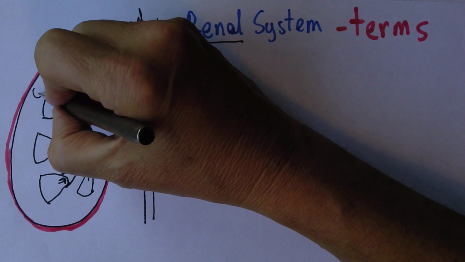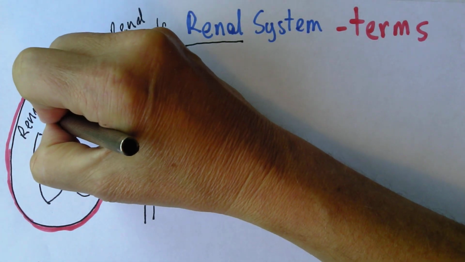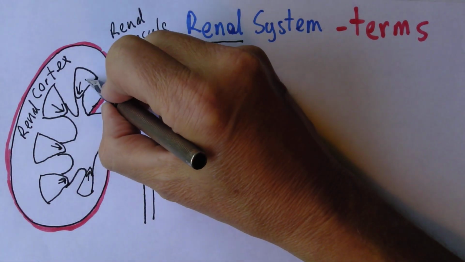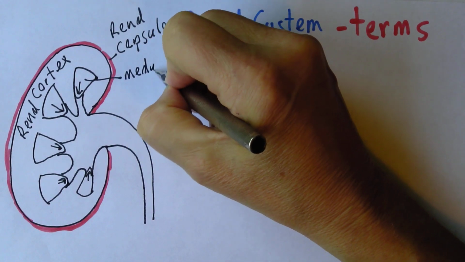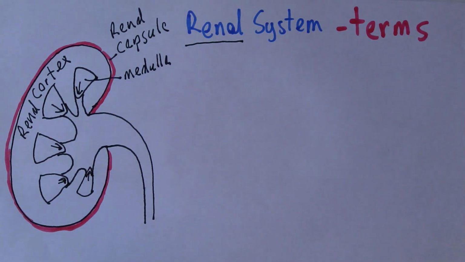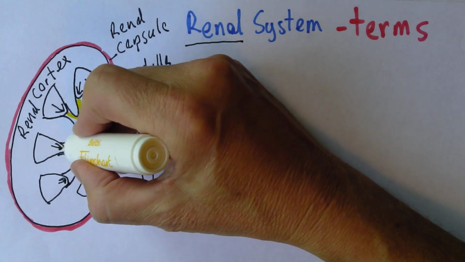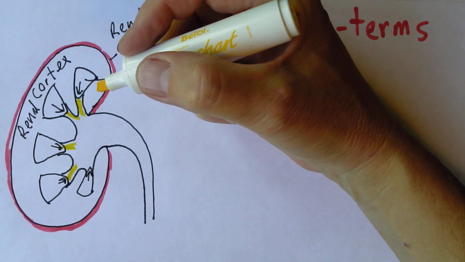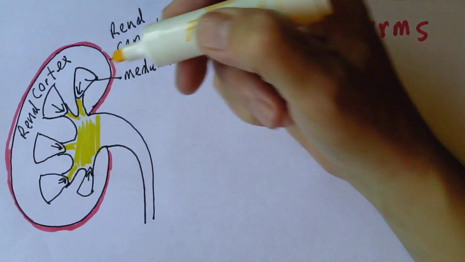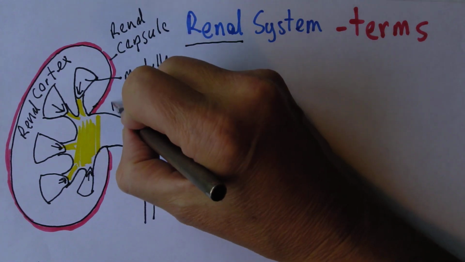This is the renal cortex on the outside, but it's renal because it's pertaining to the kidney. The medullary pyramids comprise the renal medulla. Renal medulla. And this area in the middle here, these are the calyces taking the urine down there, and this larger bit in the middle here, this is the renal pelvis, but it's the kidney, so it's renal pelvis.